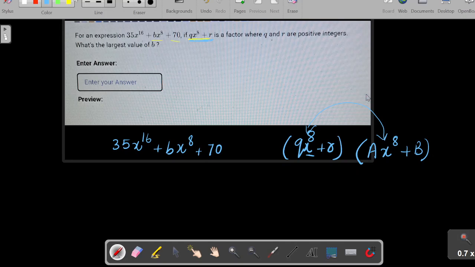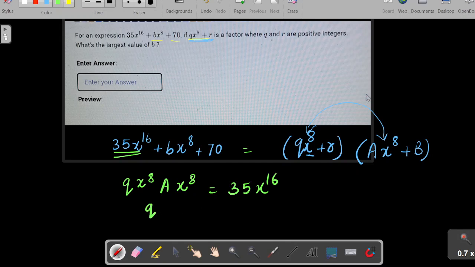Now one thing is, I can just try and I can get the answer, but many of you will not understand using that method, because you have not learned the concept from me. So what are we going to do? We will expand. Okay. And now you're expanding, so simply we will compare. Can I write here qx raised to the power 8 times ax raised to the power 8 equals 35x raised to the power 16?